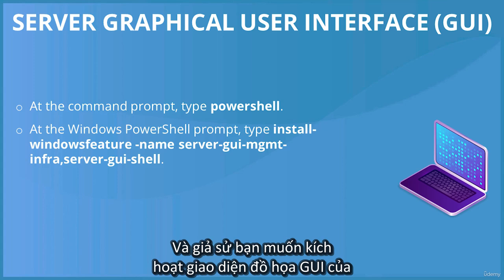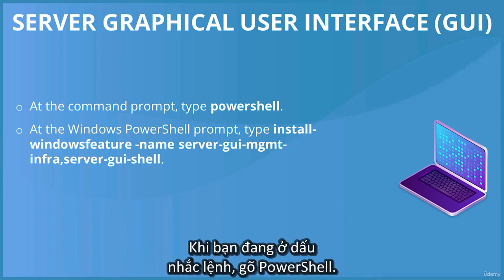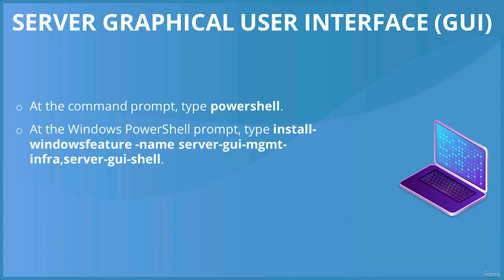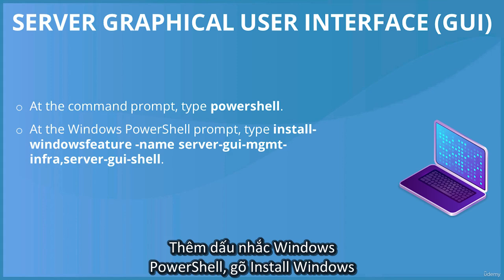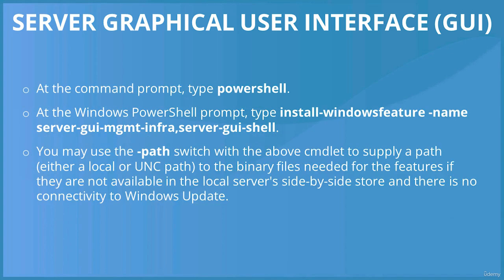And let's say that you want to enable this Server Graphical Shell GUI using Windows PowerShell on a Server Core machine. When you're at the command prompt, type PowerShell. At the Windows PowerShell prompt, type Install-WindowsFeature -Name Server-GUI-Mgmt-Infra, Server-GUI-Shell.